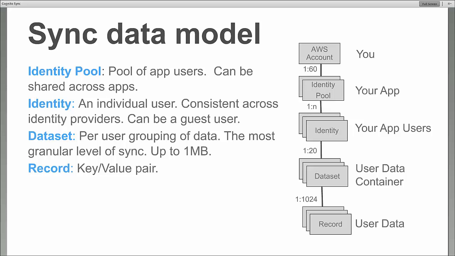So when you sync, let's say you only change one thing in your application, it will only sync the data set that is changed, which will save you bandwidth and sync calls. And lastly, you have the concept of a record. Inside a data set, you have 1 to 1024 records, and these are key value pairs that are storing text.